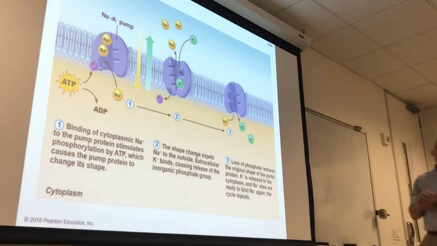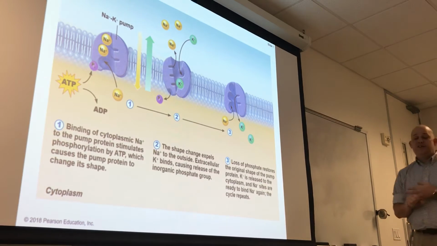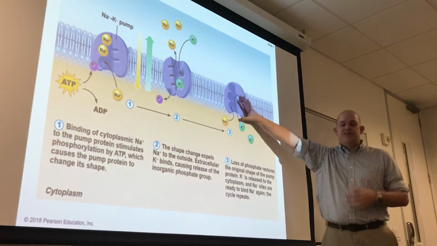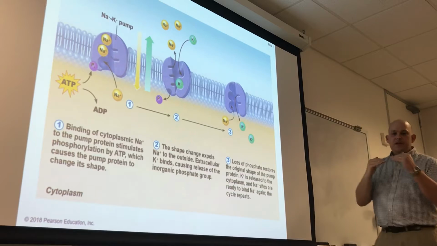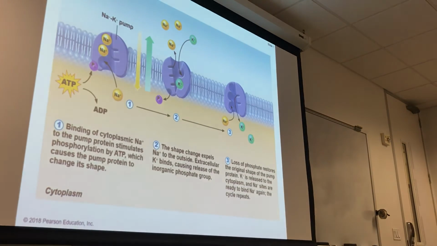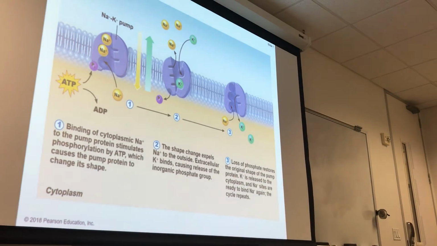And there's a handful of times where we use this kind of process in order to allow for this cell to be able to do some action. Specifically, we're going to see this again when we get to the muscle, and we're going to see this again when we get to the neuron. This process is occurring all the time in the muscle cell and the neuron. And this process will allow for a muscle to contract, and it will allow for a neuron to fire.